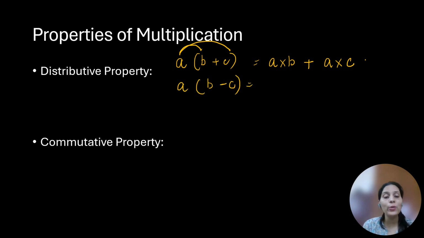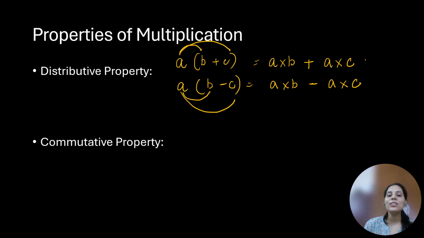So the top one was multiplication over addition, multiplication over subtraction is the same: a into b, now this time it is subtraction, minus a into c. So this is how distributive property works, where you have two operations, add and multiply, or multiply and subtraction.